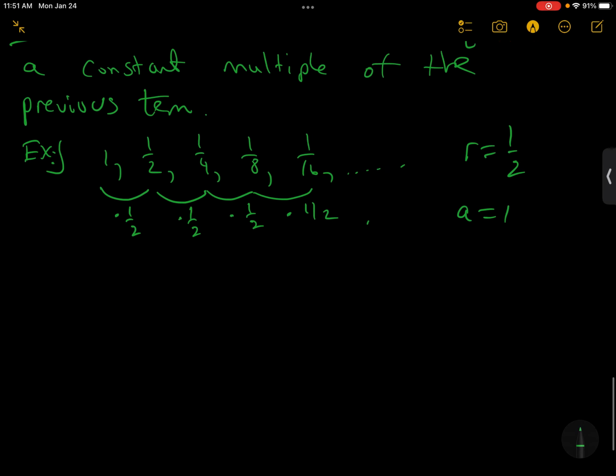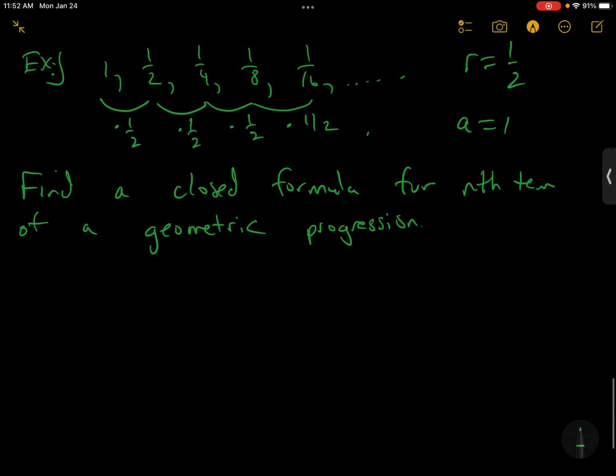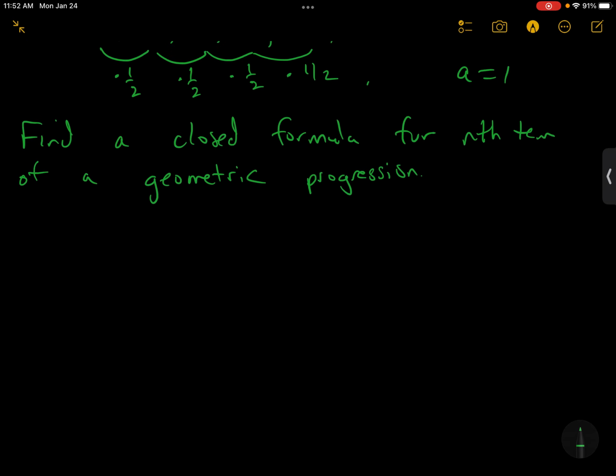Okay. So just like before, we want to find a closed formula for the nth term of a geometric progression. Okay, so with A1 equals A and r is the rate.